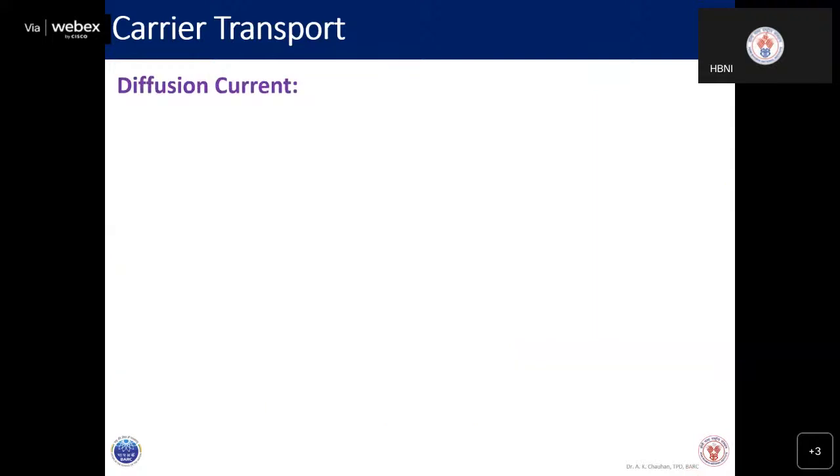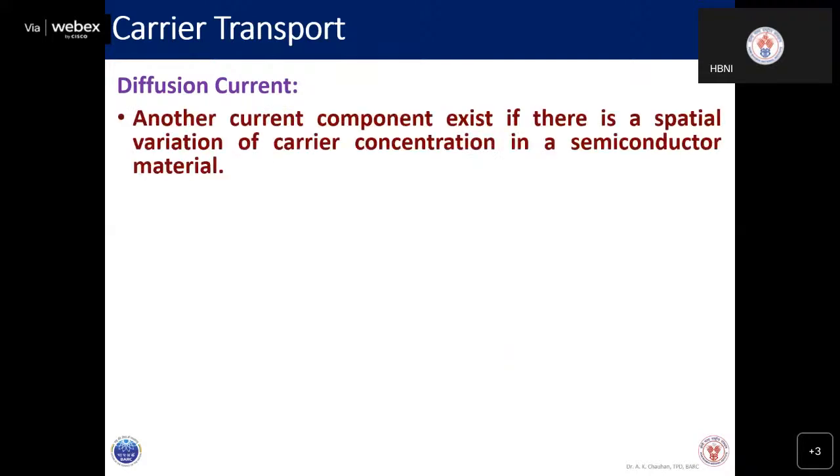Now let us see the diffusion current. Why does diffusion happen? From our basics, diffusion happens when there is a concentration gradient. Another current component exists if there is a spatial variation of the carrier concentration, meaning the carrier concentration is higher at one place and lower at another place.